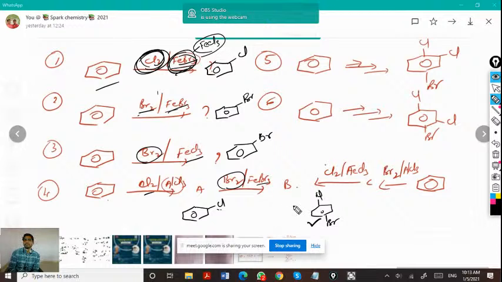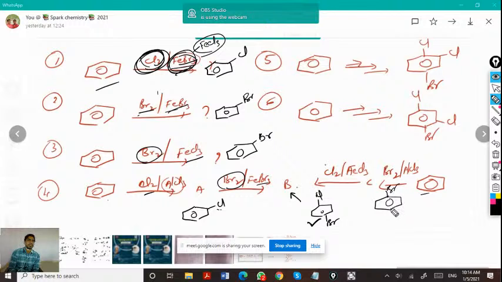So this is B. Let's begin with benzene and bromination. It's going to give bromobenzene. Again for the chlorination, all the halogens are ortho para directing groups, so substitution may take place at the ortho position and the para position.